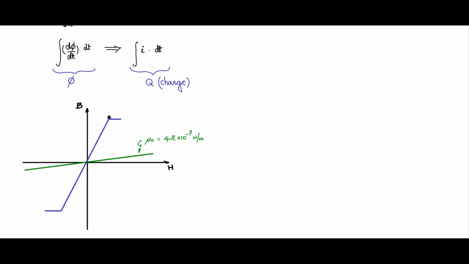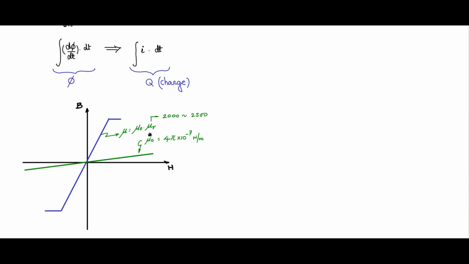Now the moment I introduce a core, you will see that the slope jumps to a very high value, and that is mu. Now this mu is mu naught, the slope of free space, into some correction factor mu r. Mu r is the relative permeability. It is a unitless quantity. It is just a number. For ferrites this normally varies between 2000 to 2500.